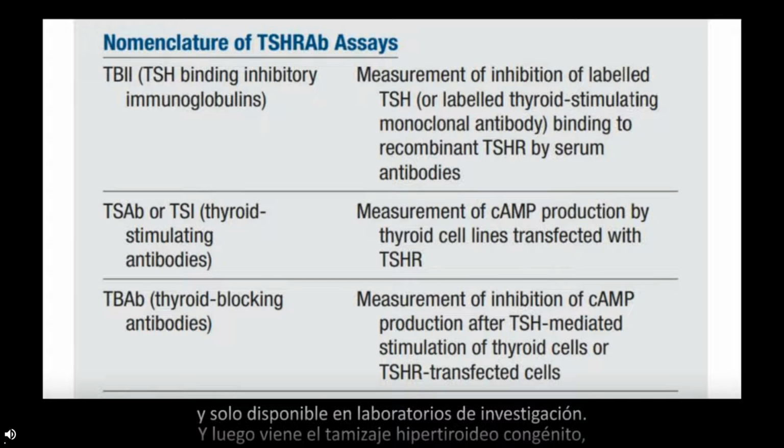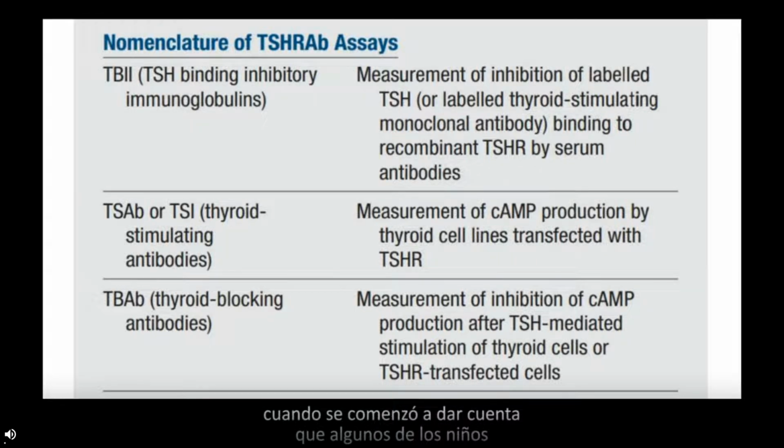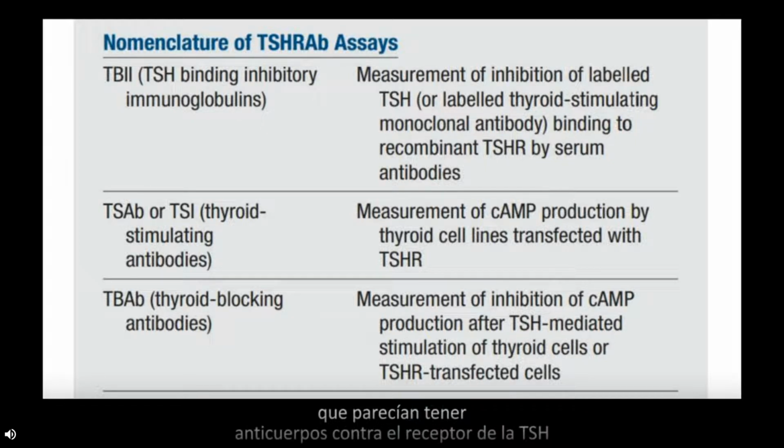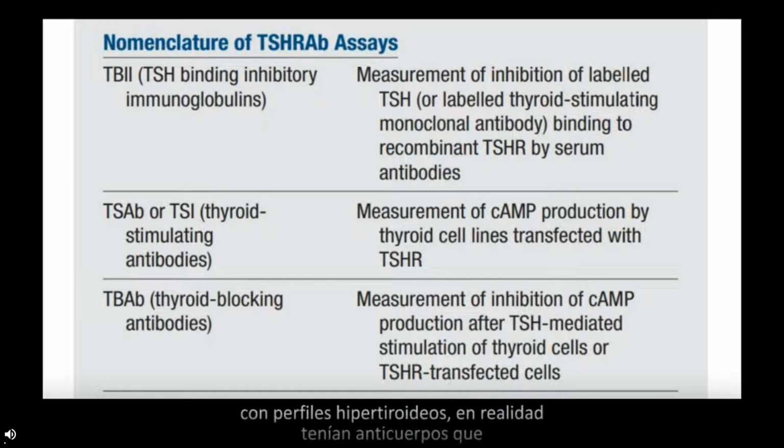And then from the congenital hypothyroid screen, it began to be realized that some of the children with what appeared to be hypothyroid profiles were actually affected because these TSH receptor antibodies, instead of being stimulatory, are actually blocking.